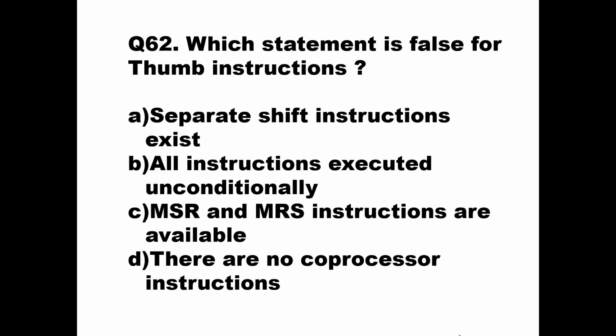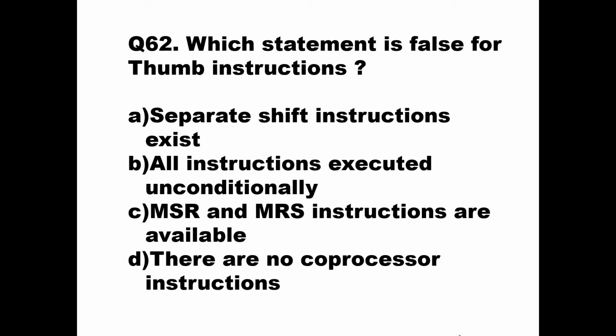Which statement is false for thumb instructions? Now, as we know, in our ARM controller, we have studied the ARM instruction set of 32-bit and the thumb instruction set of 16-bit. Now, which statement is false for the thumb instruction features? Statement A is separate shift instruction exists. That is true. Option B is all instructions executed unconditionally.